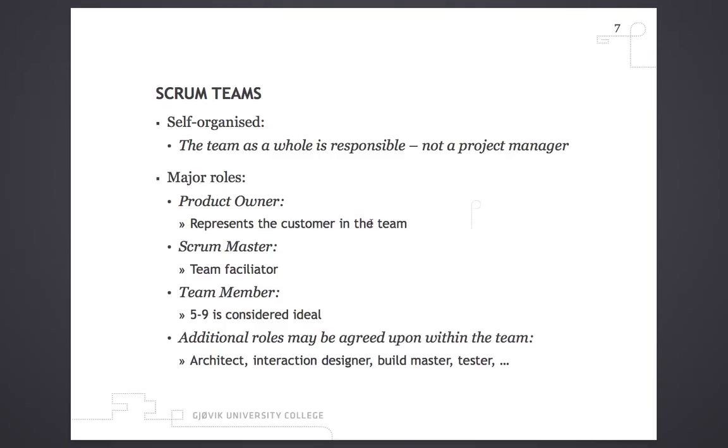There can be several different roles, like architect, interaction designer, build master, tester, etc., or you can have several different roles within the same team. Let's say that you're a team of 5 people, maybe one person has to have several roles.